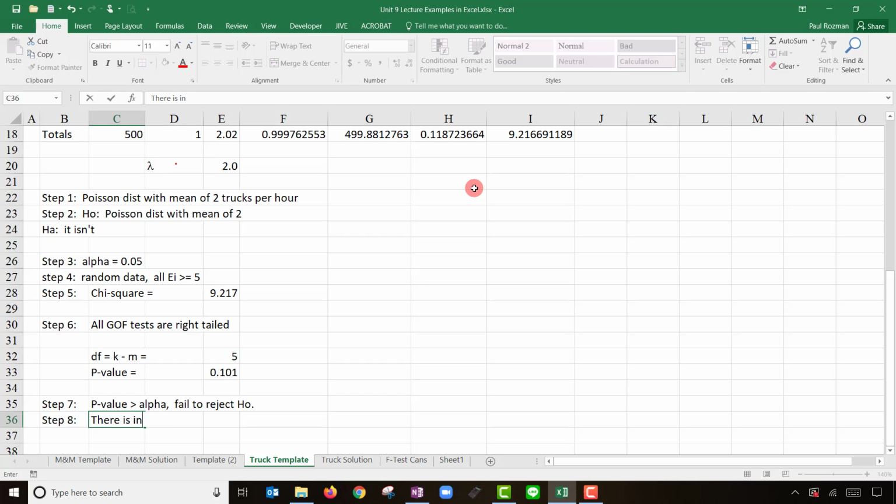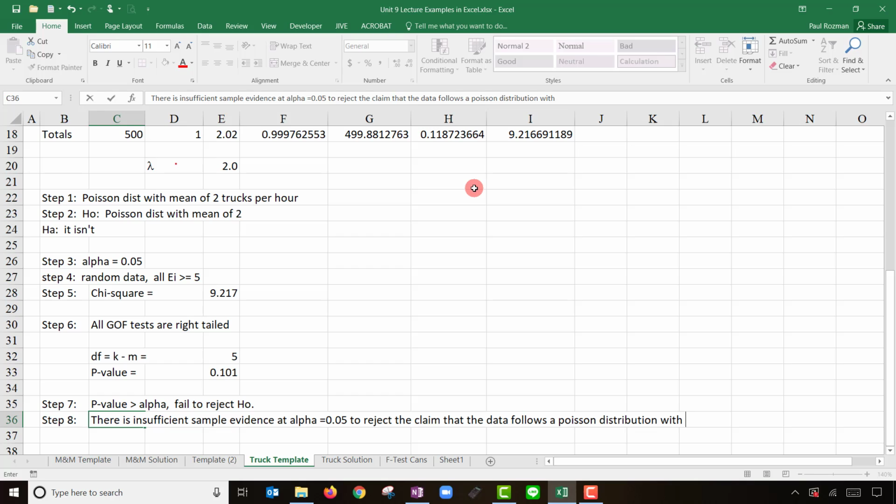There is insufficient sample evidence at alpha equals 0.05 to reject the claim that the data follows a Poisson distribution with lambda equal to 2.